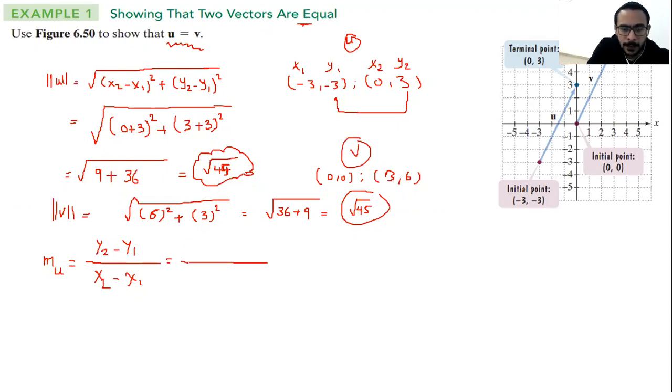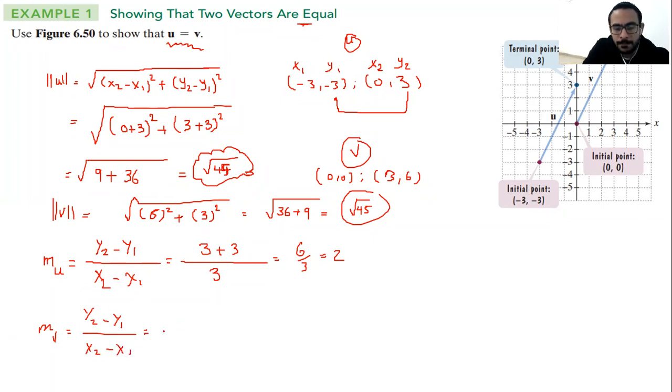So 6 over 3, which is 2. The slope of v equals y2 minus y1 over x2 minus x1, which is 6 minus 0 over 3 minus 0, 6 over 3, which is also 2.